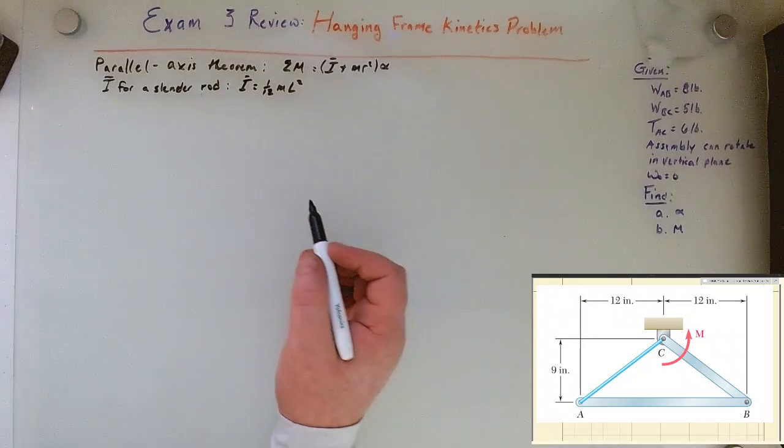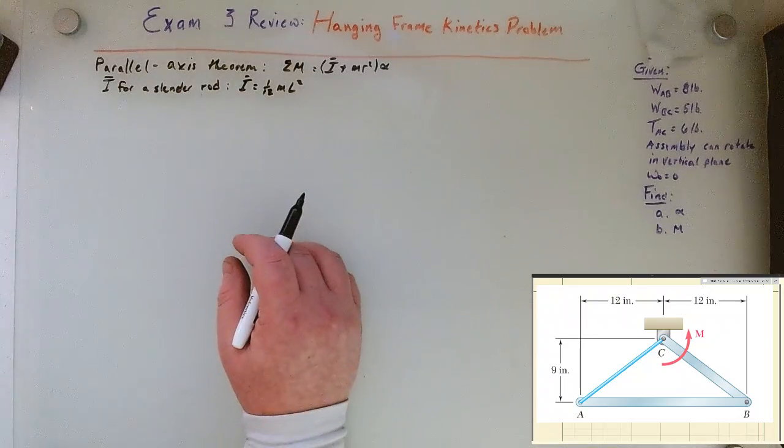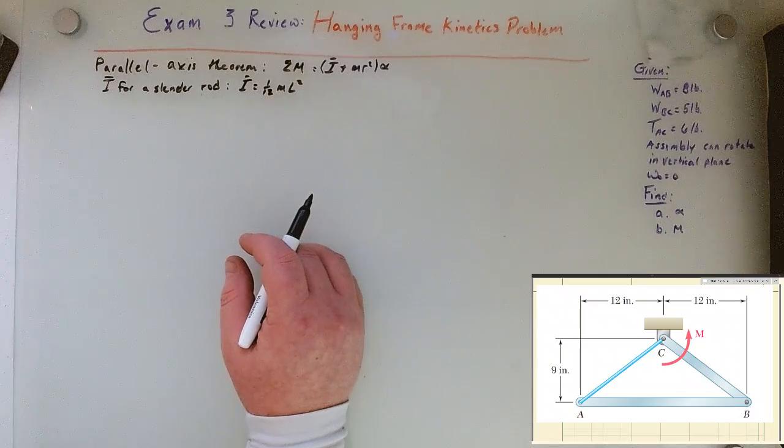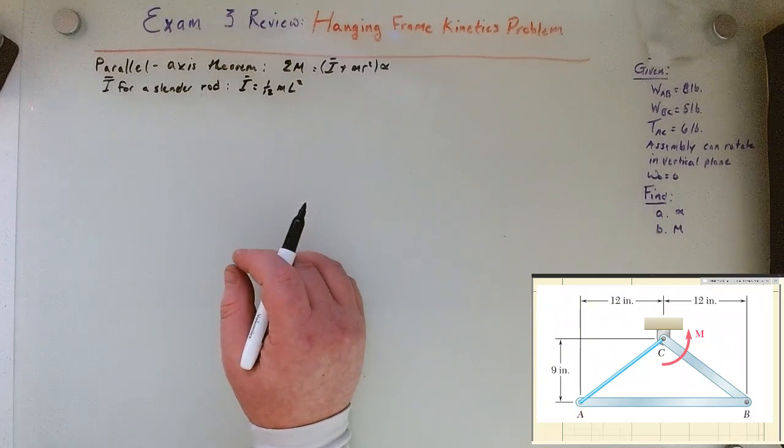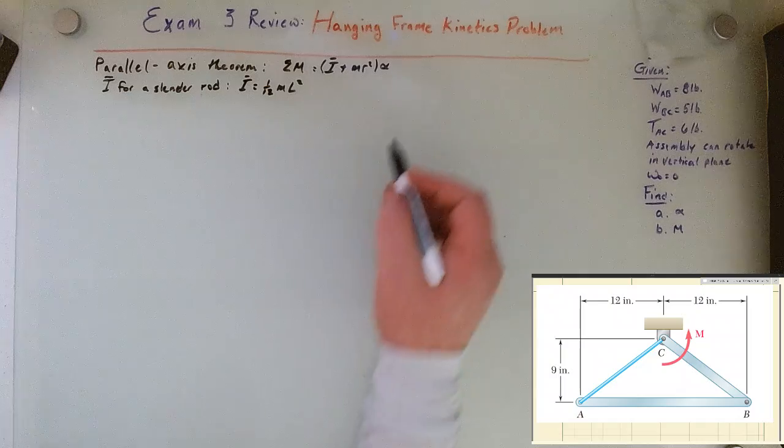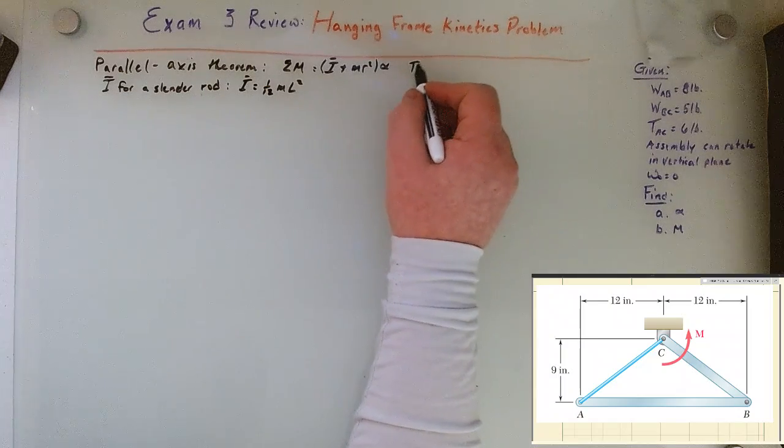So when we calculate these, we're going to need it for member AB and BC. So I did that already.